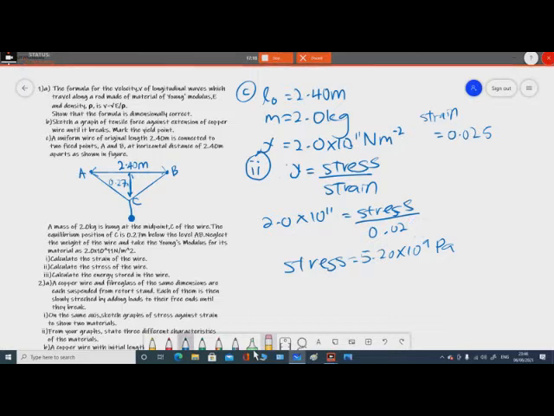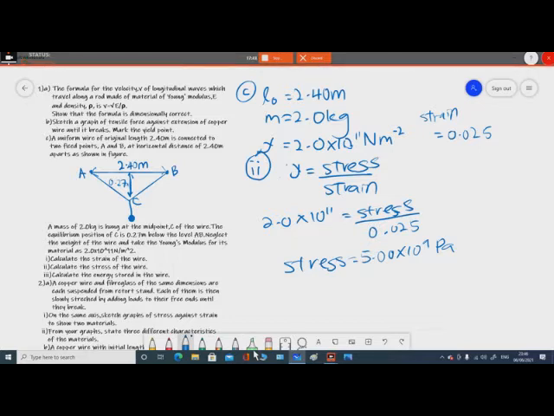Let me calculate again. Times 0.025, the answer is actually 5.00 times 10 to the power of 9, without the 2. So that's my mistake.